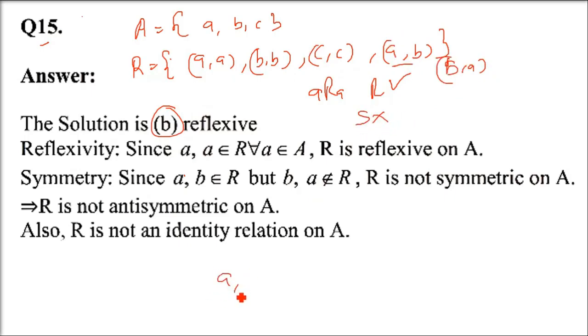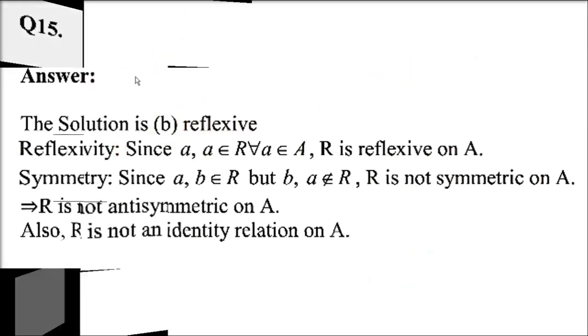Antisymmetric: what does it mean? If (a,b) belongs to this relation and (b,a) also belongs to this relation, then a should be equal to b. So this is not antisymmetric either. This is only reflexive.